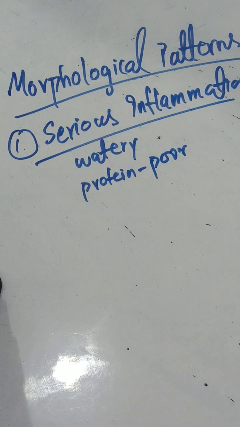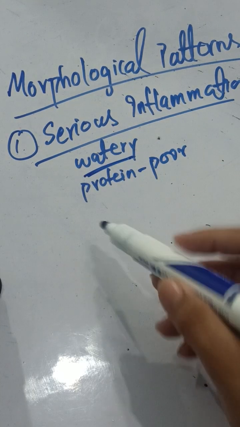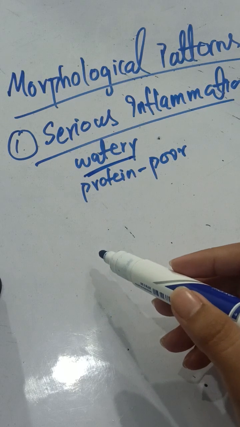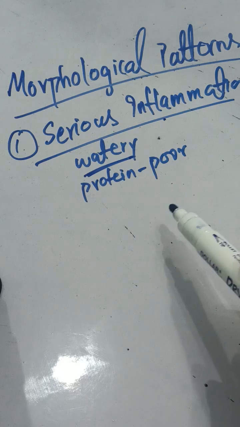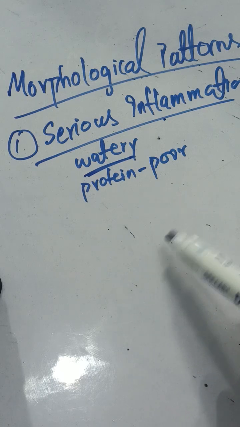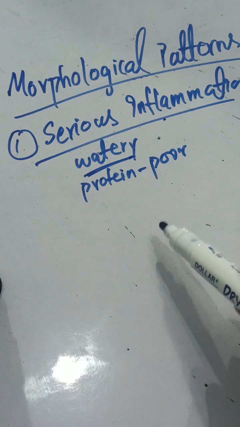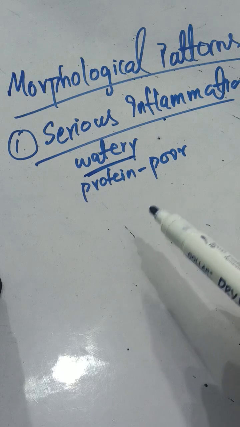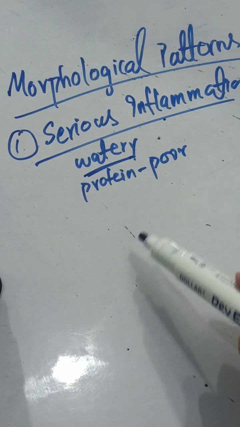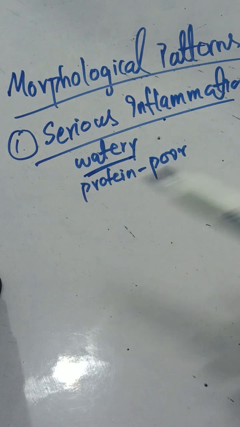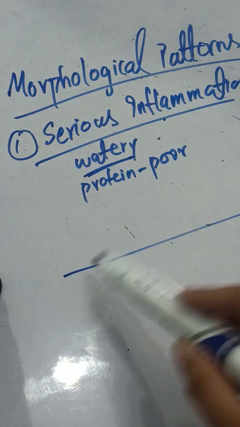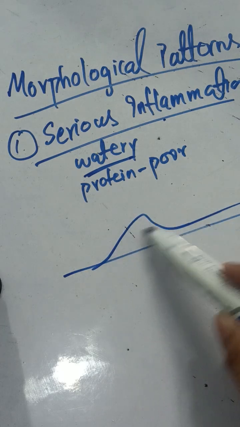This is serous effusion. Where does it occur, and how does this water come about? A lot of fluid is secreted by mesothelial cells, and this kind of inflammation can occur in your pleura, the outer membrane of your lungs, within your peritoneum in your abdomen, and in your pericardium, the outer layer of your heart. Like skin blisters, a lot of blisters form over your skin when you burn any site.